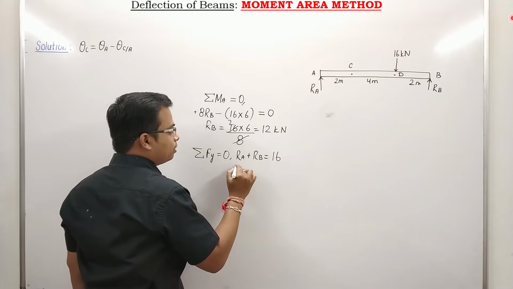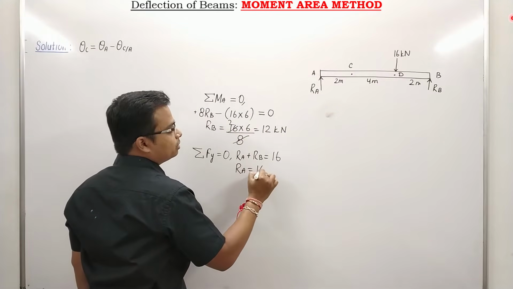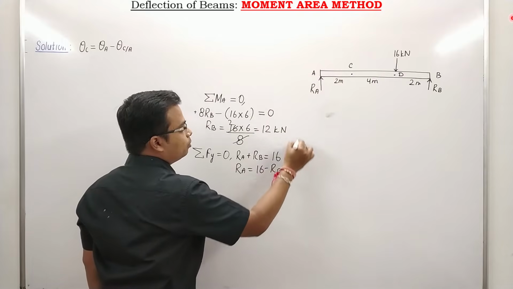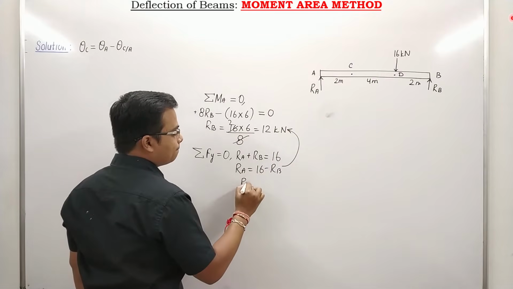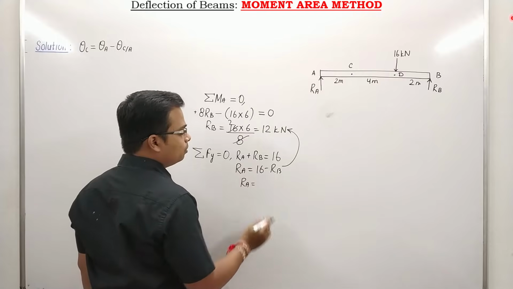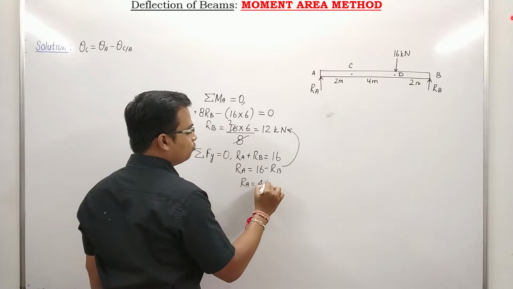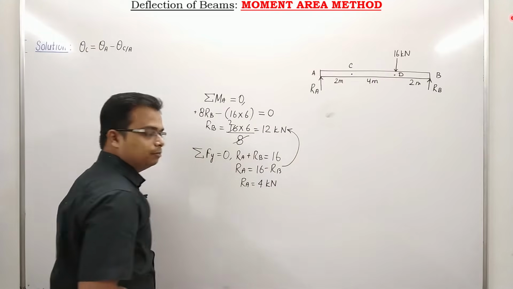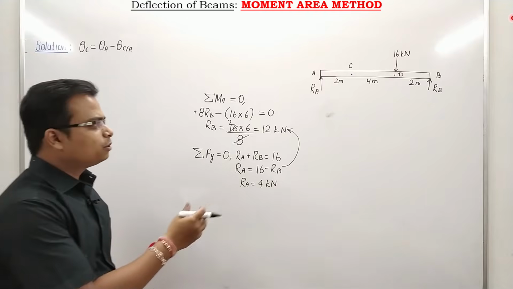In that case you can get the value of RA equal to 16 minus RB, and RB you know is 12. So RA is going to be equal to 4 kilonewtons. That's simple.